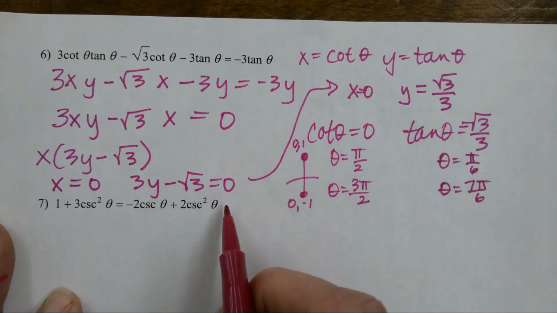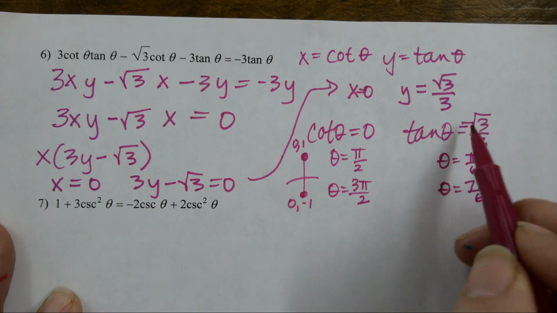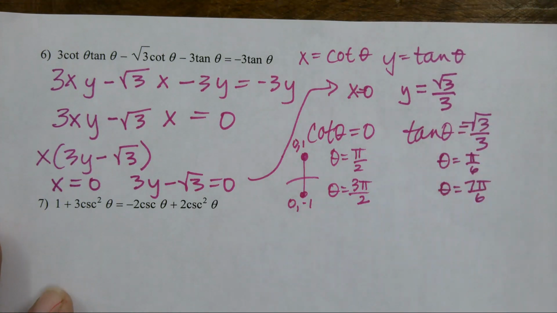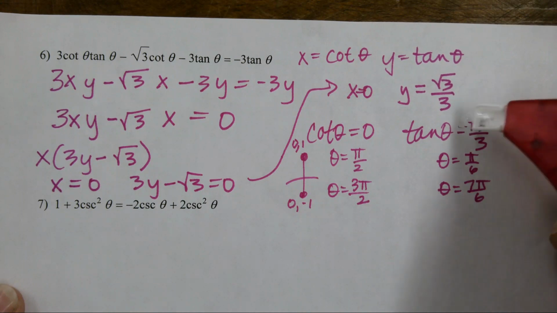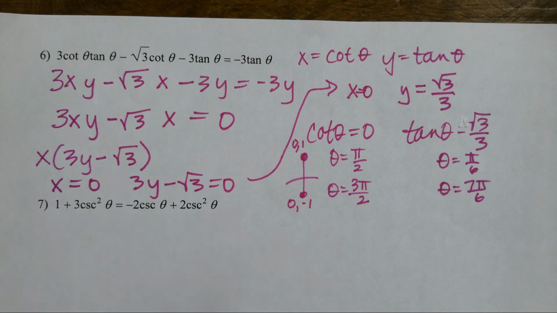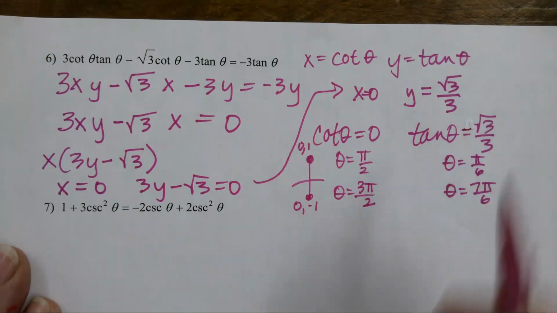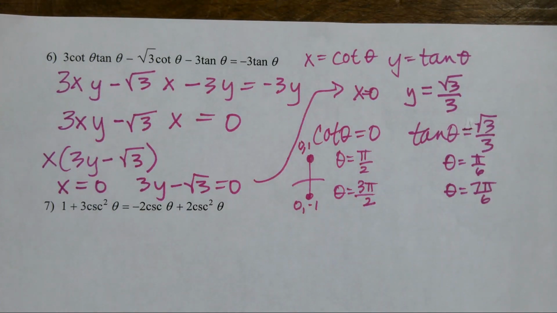No, I'd add the square root of 3. That's my radical. Sorry. If my handwriting were at all legible, you'd see. There we go. A little better, right? Okay.